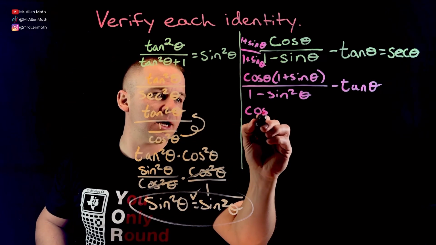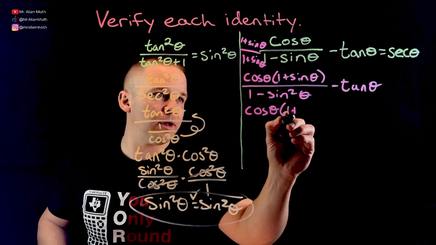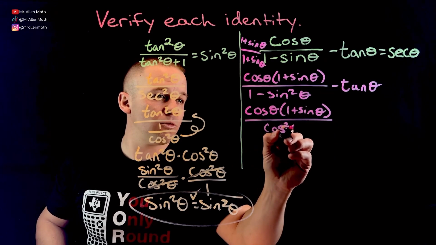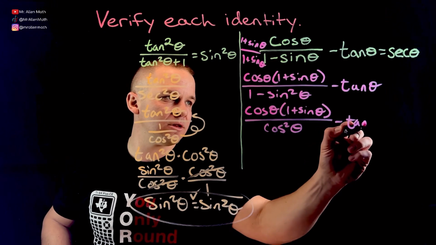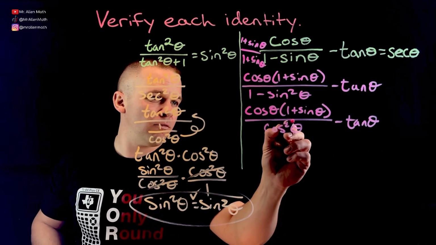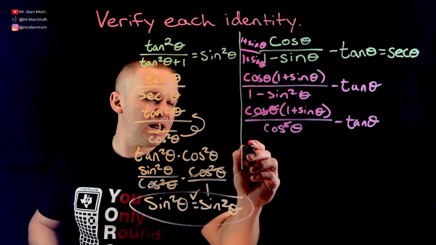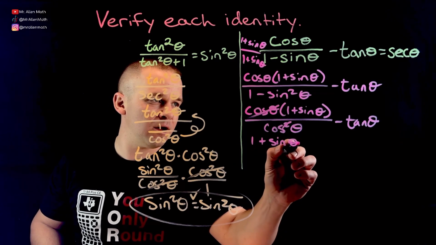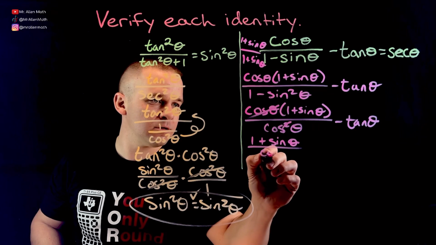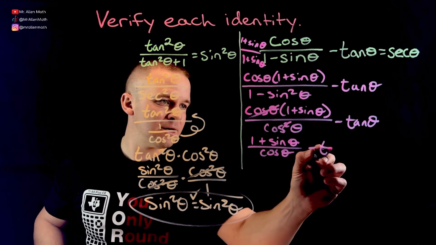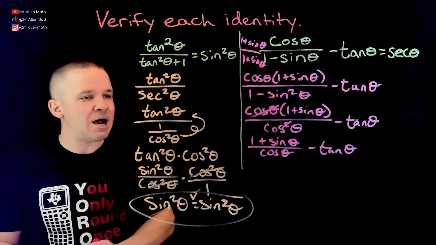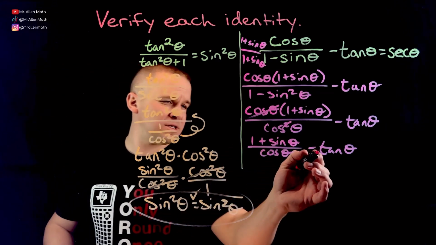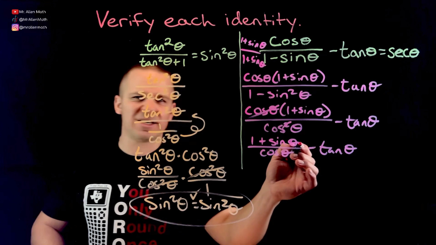So we got cosine theta times 1 plus sine theta over cosine squared theta, still minus tangent theta. This is going to get rid of one of those squares. Boom. And now I have 1 plus sine theta over cosine theta minus tangent theta. Now I'm thinking in terms of sine and cosine might be good here, because wouldn't this minus tangent, that's sine over cosine, right?